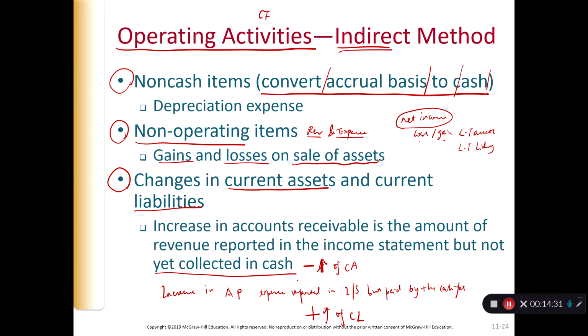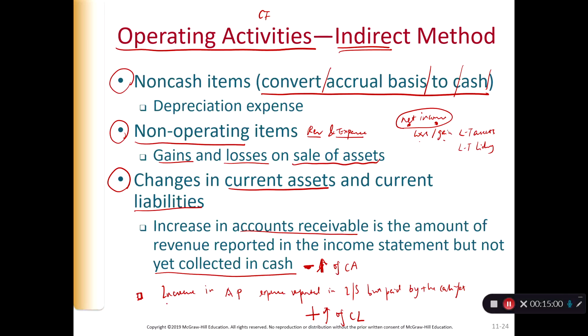Okay, so this is the most important thing, so I want to repeat it again. If you have an increase in accounts receivable, that is revenue reported as part of the accrual-based net income in the income statement, but we haven't collected the cash. So the increase in the accounts receivable account has to be subtracted in the cash flow statement.